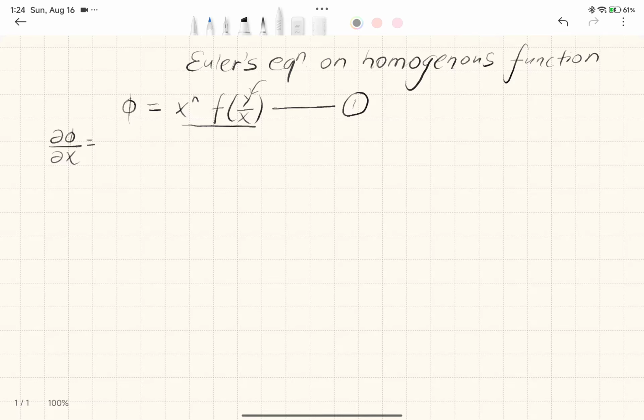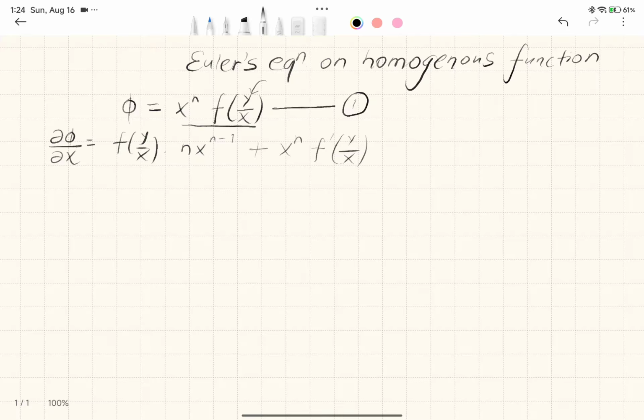So let's apply the product rule: first function, differentiation of the second function, plus second function, differentiation of the first function.